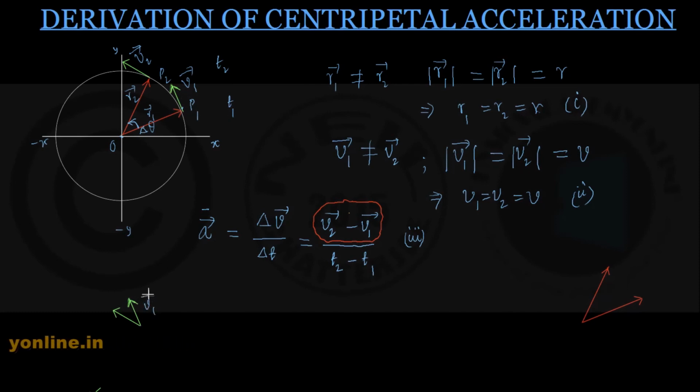So what we have done is that we have first drawn this v1 here as well. You can see this is my v1 vector because I have just shifted it from here to here, keeping its length intact and also keeping it parallel to itself. Similarly, the v2 vector has been shifted down here. Let me write this.